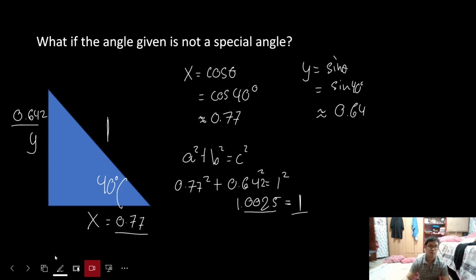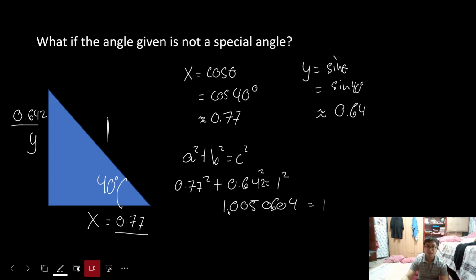Let's take a look at what the value on the left side would be. 0.77 squared plus 0.642 squared is exactly 1.00500604, then 1. The answer is still close to 1, accurately and precisely.